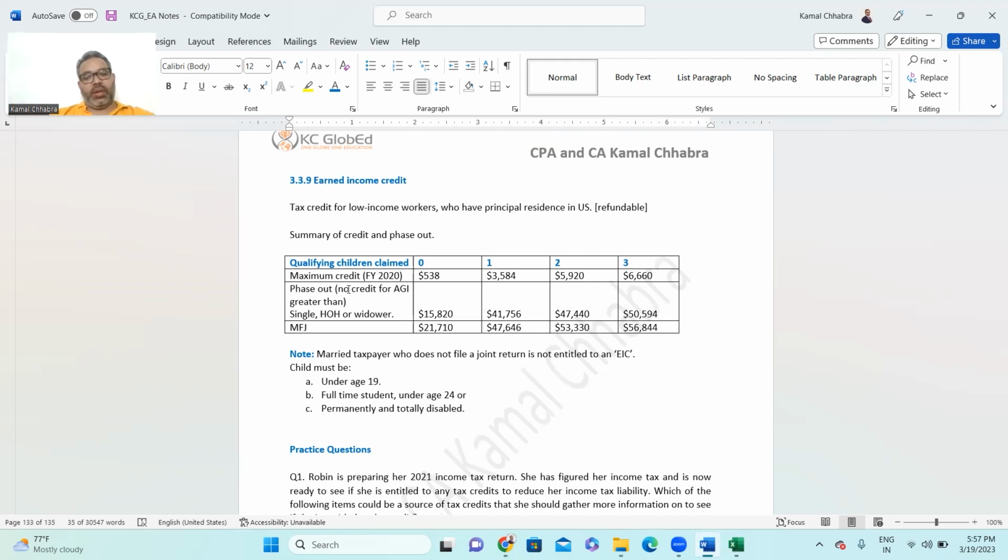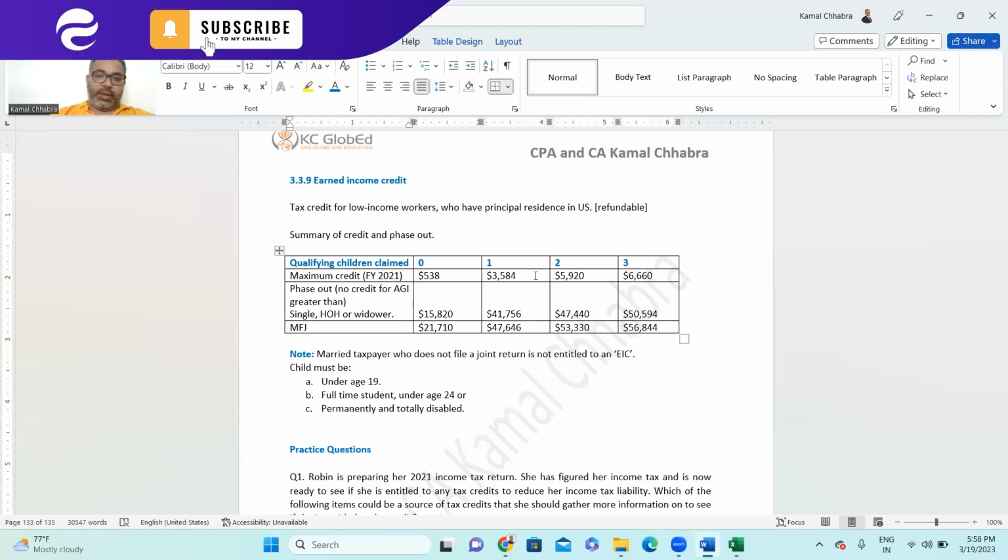$15,820 for a single head of household or widower, and for married filing jointly 21,710. And if you have one child, you'll get more credit, which is 3,584, and the phase out limit is 41,756 or 47,646.